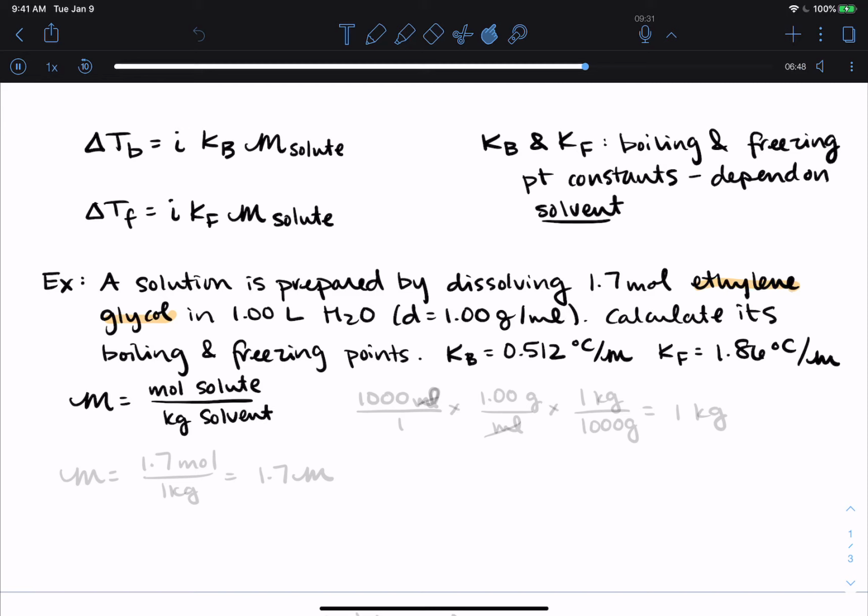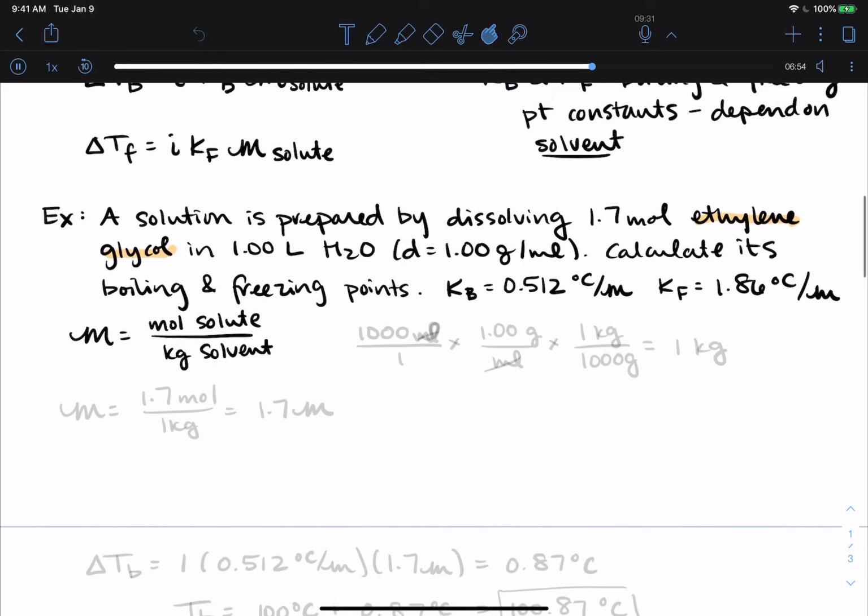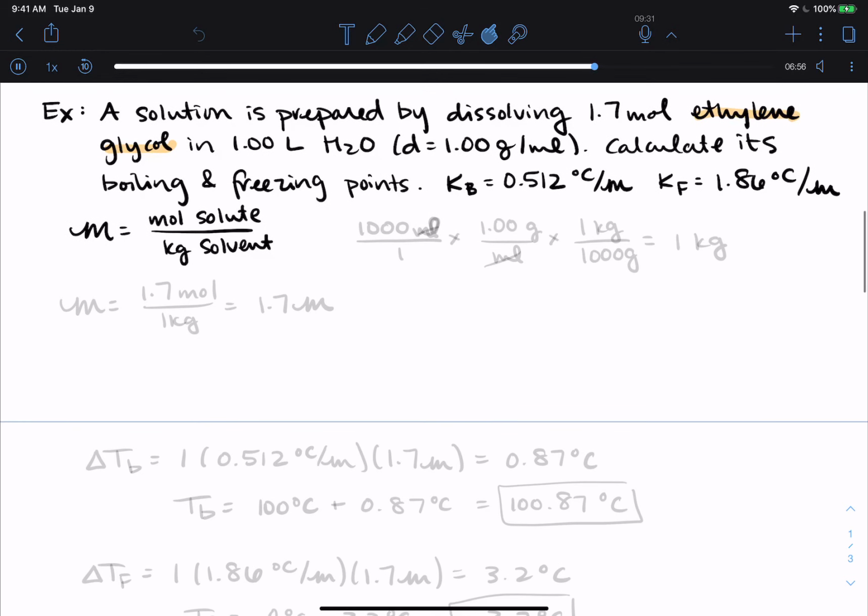Okay, so we just have to do a couple of unit conversions. Actually, once we write it out, it's going to feel a little bit silly, but our 1 liter of water, technically, I did a unit conversion here. It's the same as 1,000 mL, and I did that because we have our density in grams per mL.